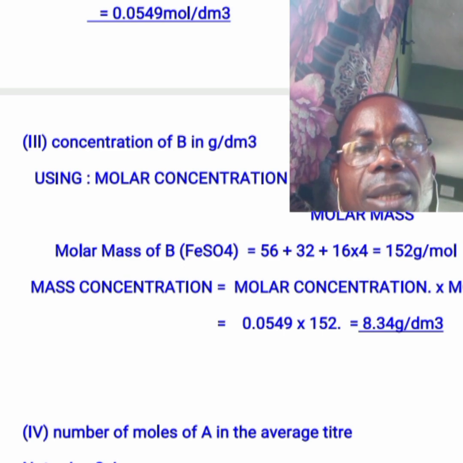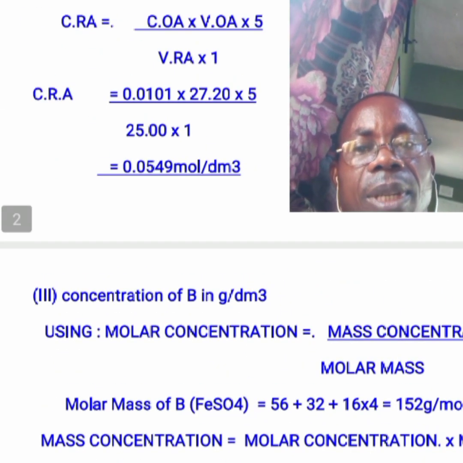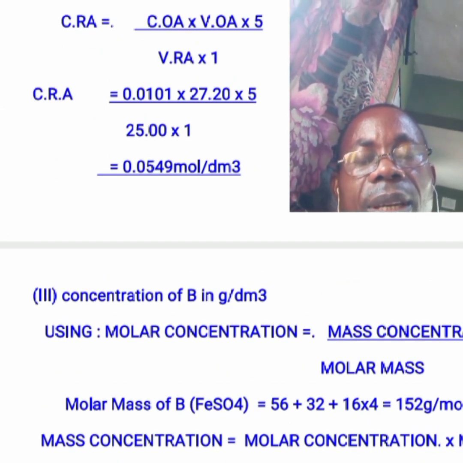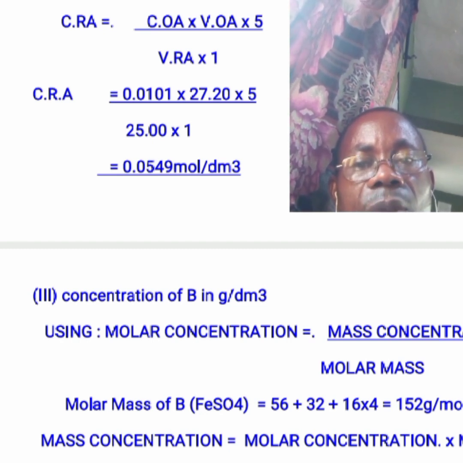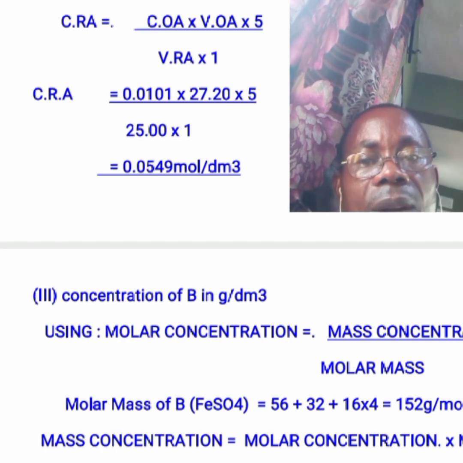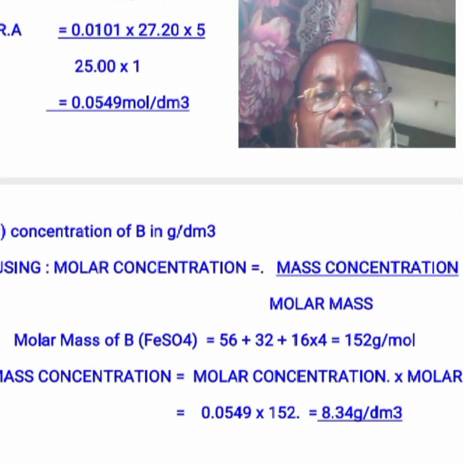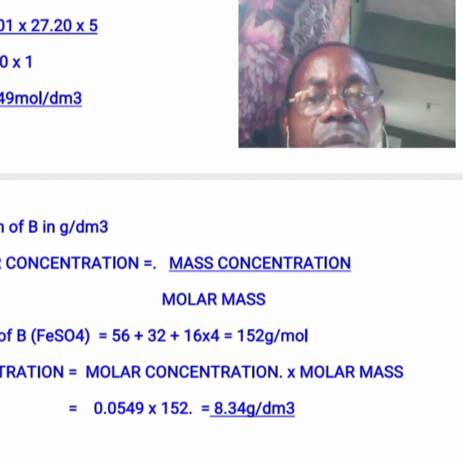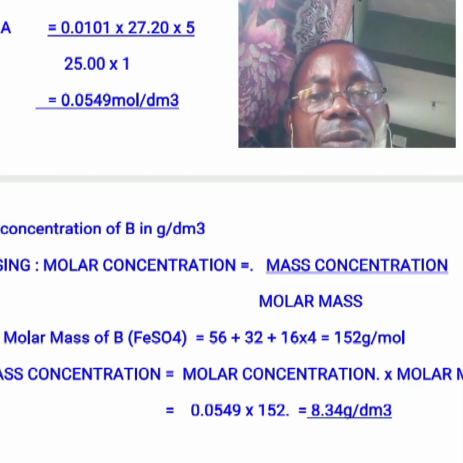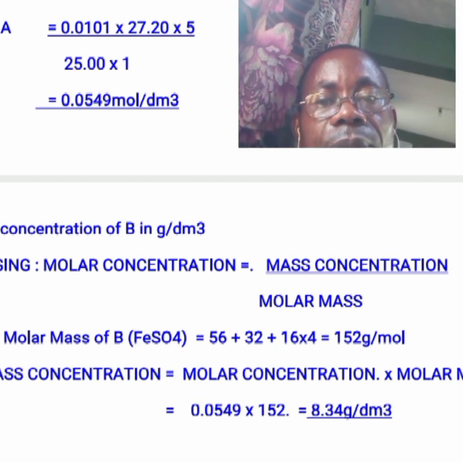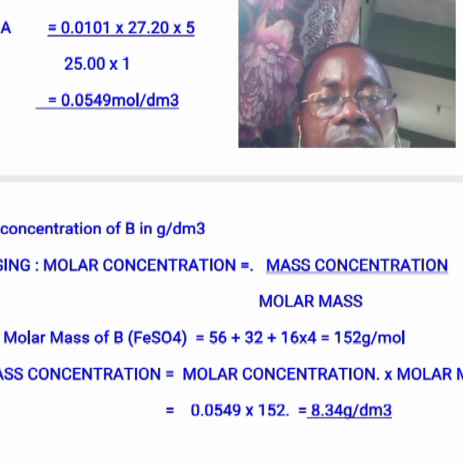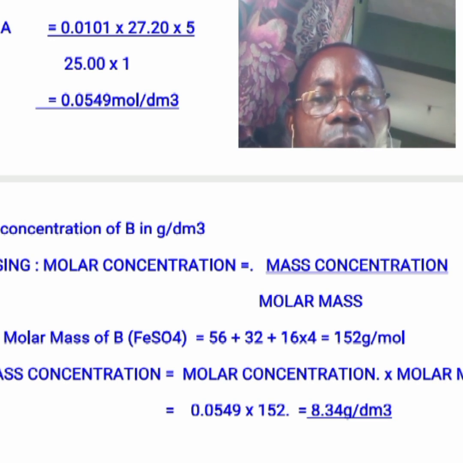III says we should find the concentration of B in gram per dm cube. That's the concentration of the reducing agent in gram per dm cube. We have the formula that molar concentration equals mass concentration over molar mass. So we find the molar mass of B by adding the atomic masses, and that gives us 152 gram per mole.